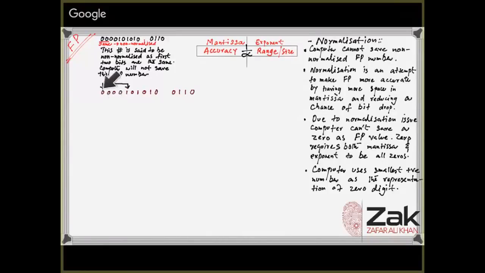We can understand that the first two bits are the same, so this is non-normalized, so we have to normalize it. In order to make it normalized, we first mark the first bit and the bit which is different from the first bit. It might be 0 or 1. If it is starting with 1, then we will look for 0 there. If it is starting with 0, we'll look for 1 there.